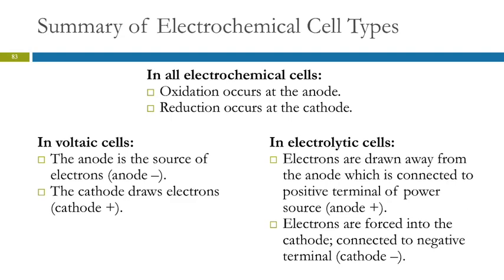So the positive terminal is pulling electrons away. Instead of the electrons running away, they're being pulled away. And then the electrons are forced into the cathode, which is connected to the negative terminal. And so the negative terminal of the battery or source of electricity repels the electrons and forces them into the cathode.